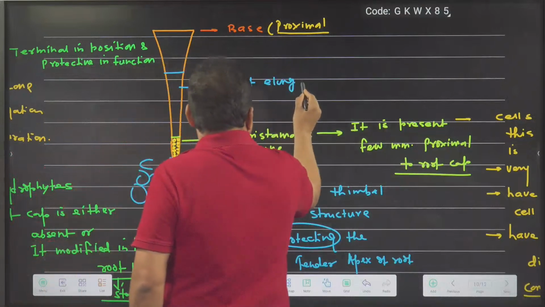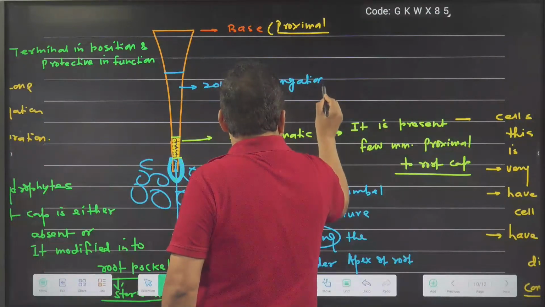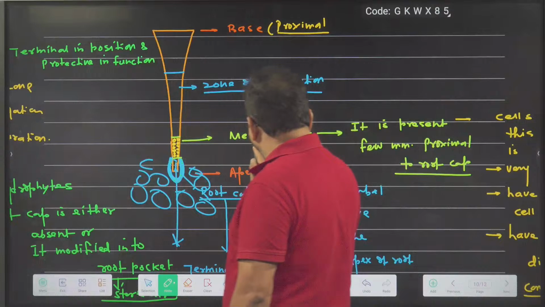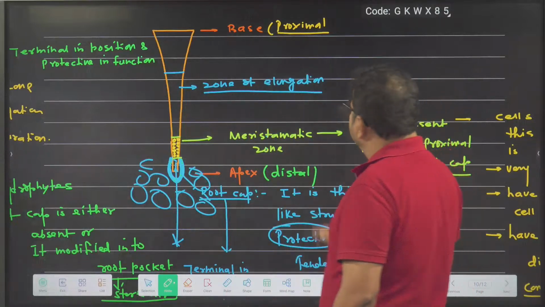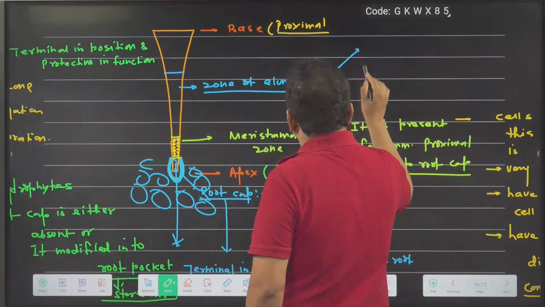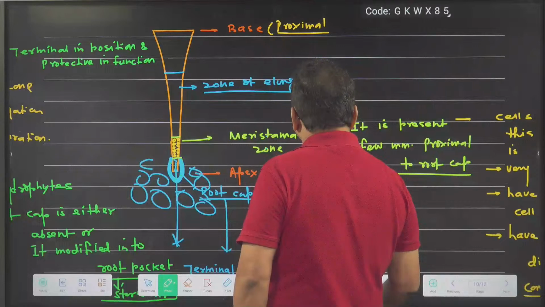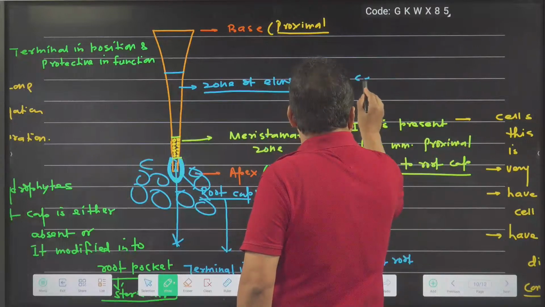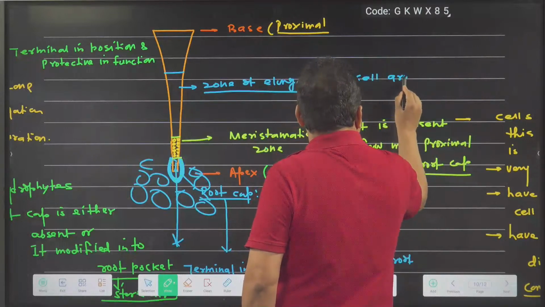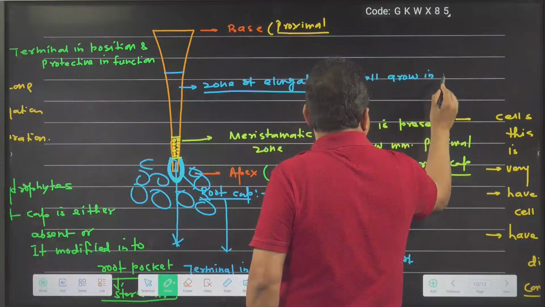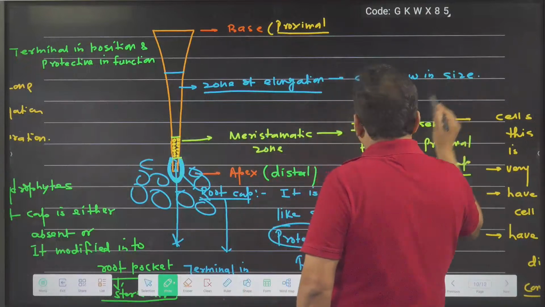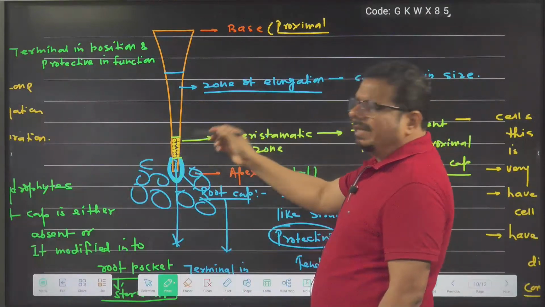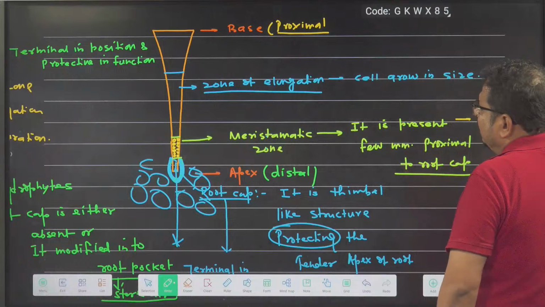So what changes occur in zone of elongation compared to meristematic zone? First change, cells grow in size. Main reason of growth in root is which zone?